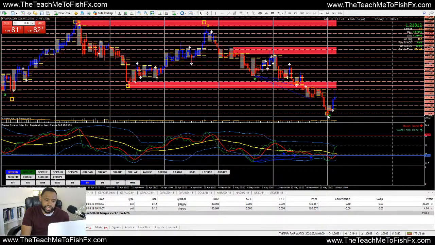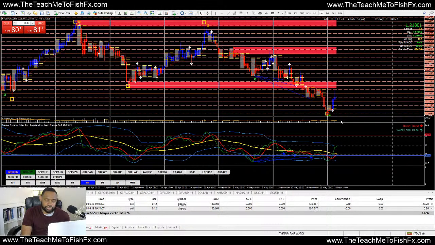GBP USD right now, we have an exhaustion square, directional arrow, and a color changing candle that does place the green above the red and yellow on the TDI, so that would have been a good trade to get in.